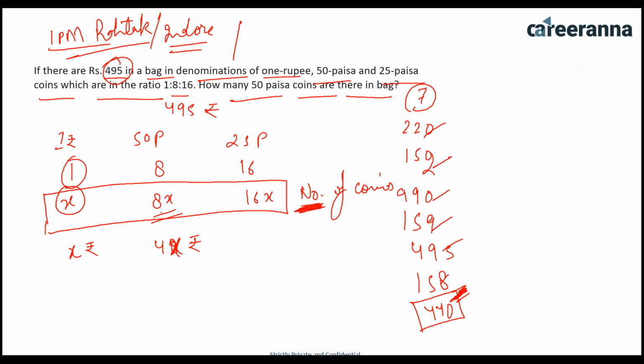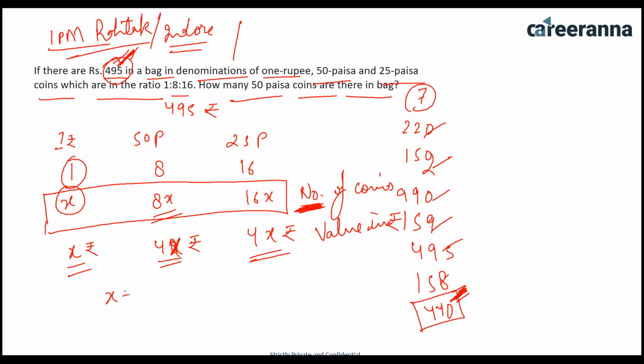That means 8x multiplied by 1 by 2, it will be 4x rupees. I'm talking about values here. Is it clear? Say yes, no. Similarly, the 25 paisa coins will be 4x rupees. I think it is clear. So this is the value in rupees.